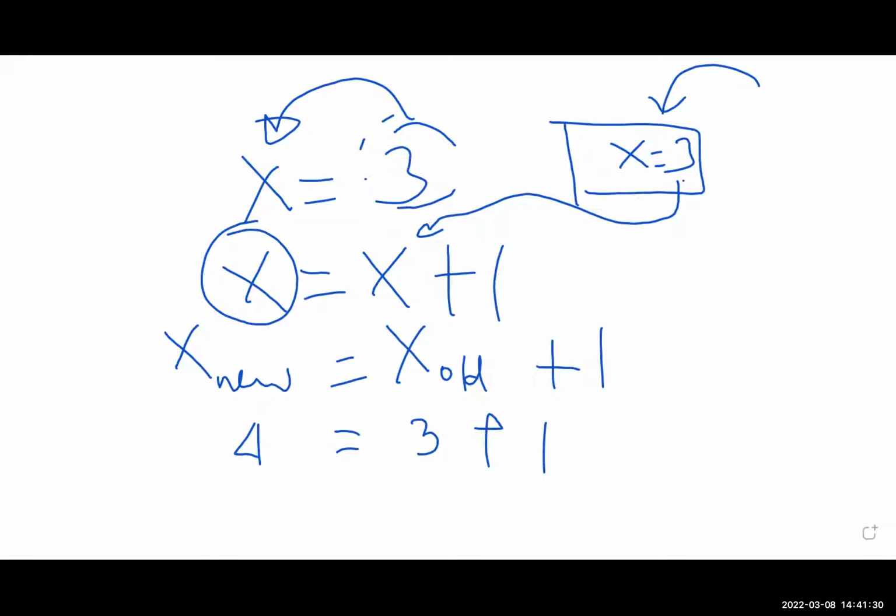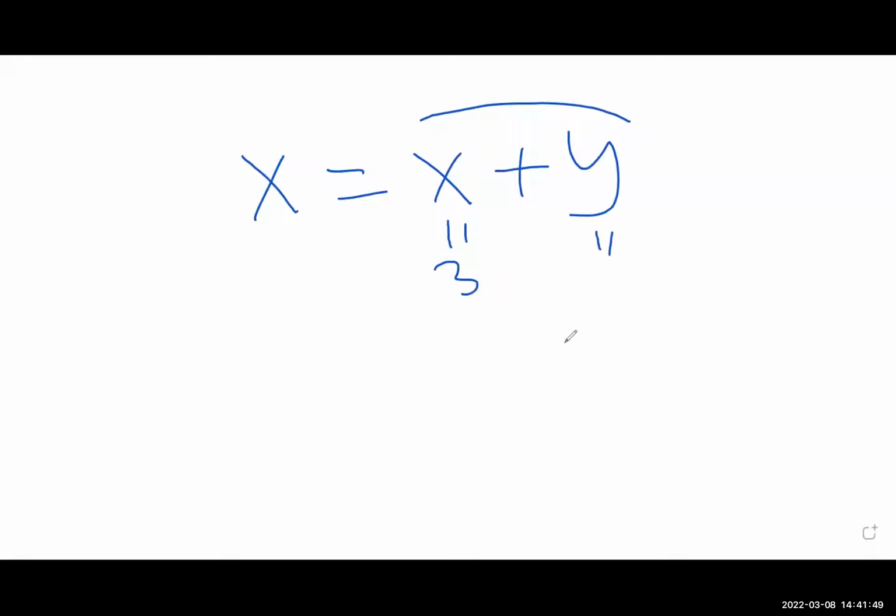Okay. Next, we can also put x = x + y. So x is a certain value on the right hand side here, and then y is another value. For example, x in here is 3, y is 5. Then the new x here becomes 8, right?